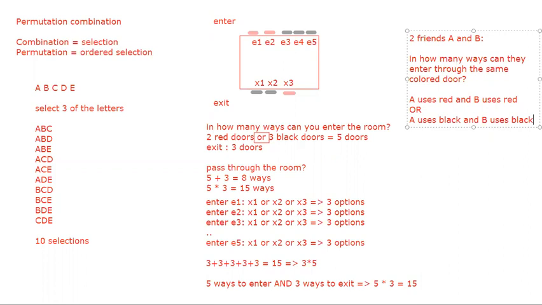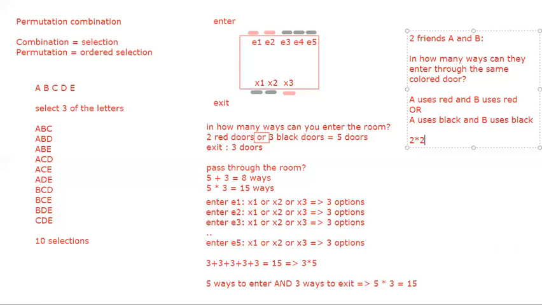So now A uses red, so that's 2 ways. Just looking at entry, right? Not the exit. I'm not interested in exit at all. So A can enter in 2 ways, and means multiply. Now, just because A has entered through one door, B can still enter through that door also, right? So for B, you still have 2 doors, red, done.